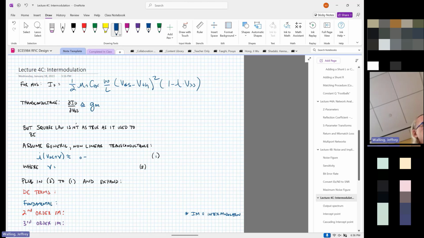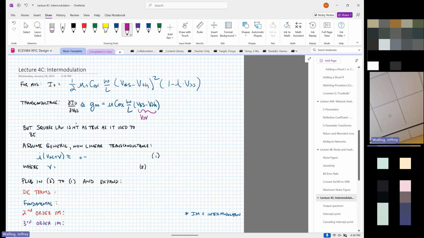This is equal to, or what we call it, GM, and it's equal to mu times Cox times W over L times (VGS minus VTH). And we call this portion VGS minus VTH.